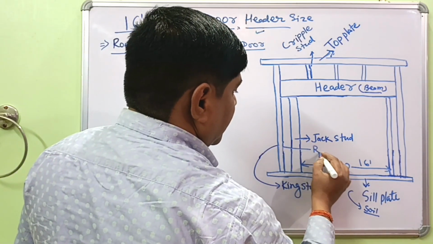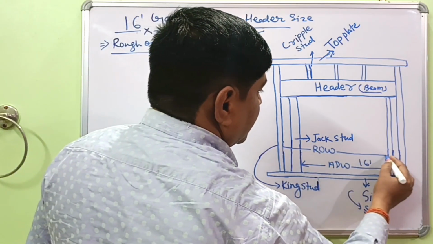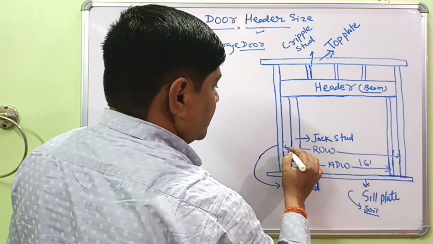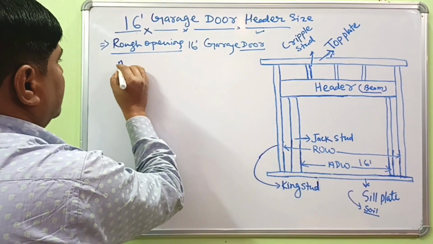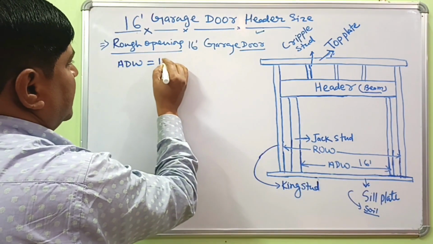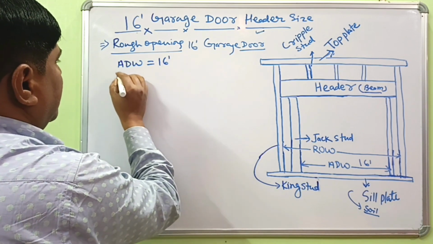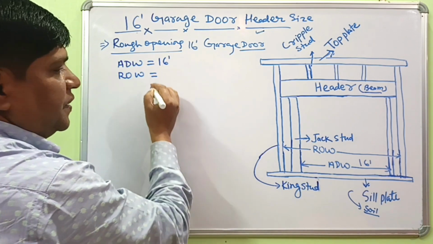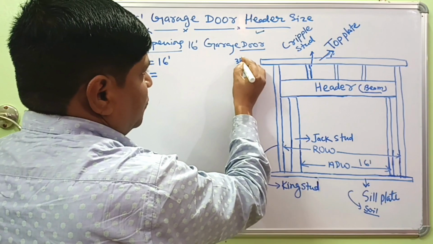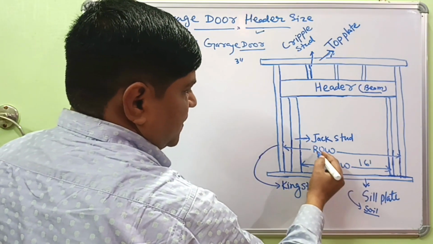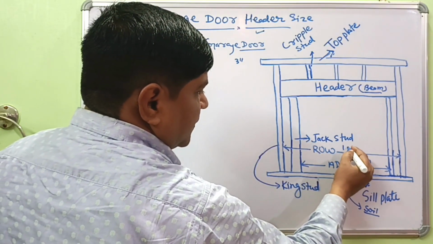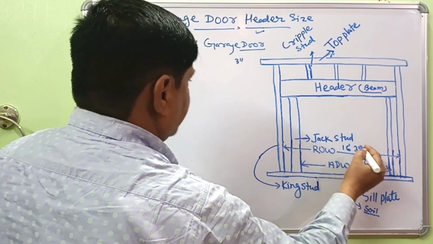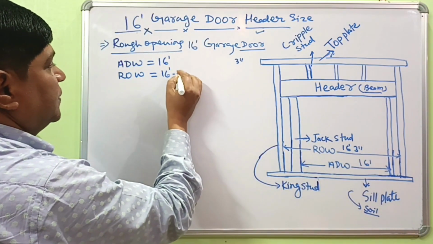This one is the rough opening width, including the door jamb. The actual door width is about 16 foot, and the rough opening width is about 3 inches more than the actual door width. That's why the rough opening width will be 16 foot 3 inches.